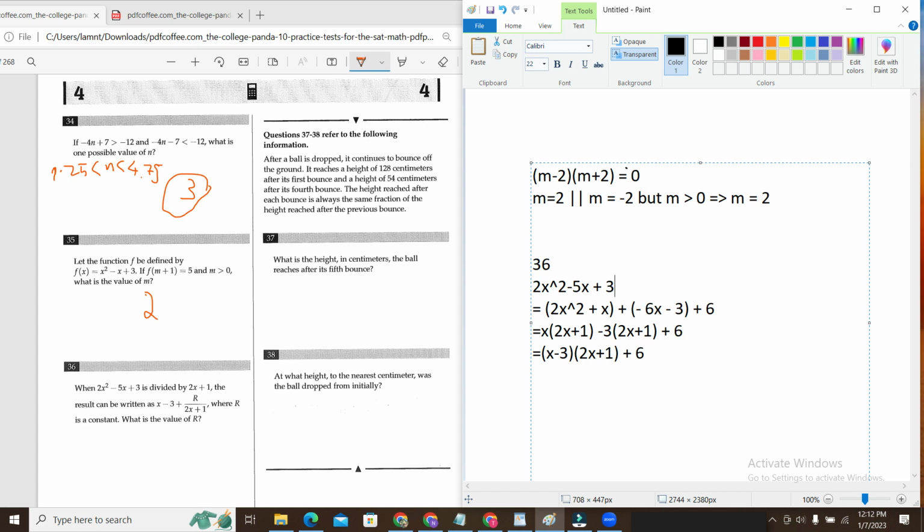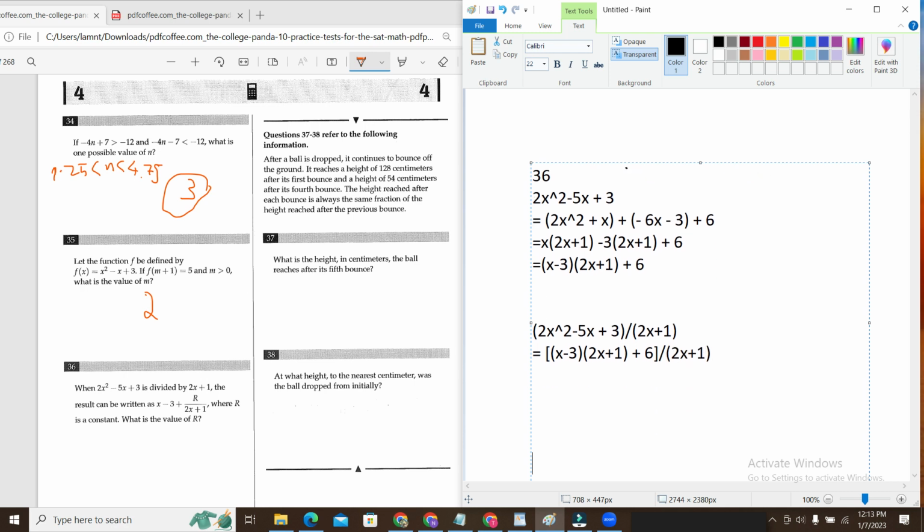So now, when you divide this polynomial by 2x plus 1, this is going to be equal to this last expression divided by 2x plus 1. So let's reduce this fraction.